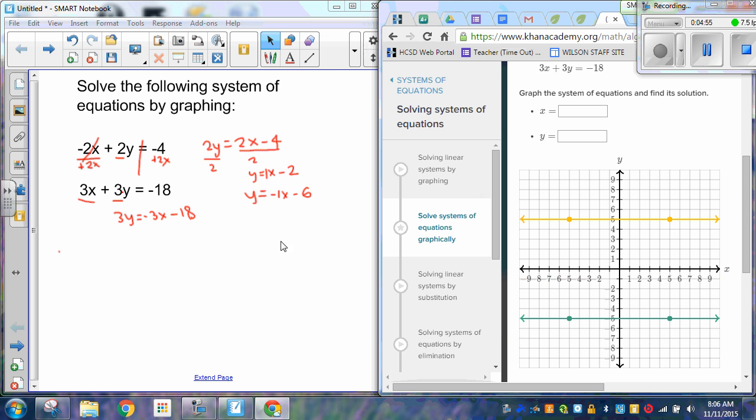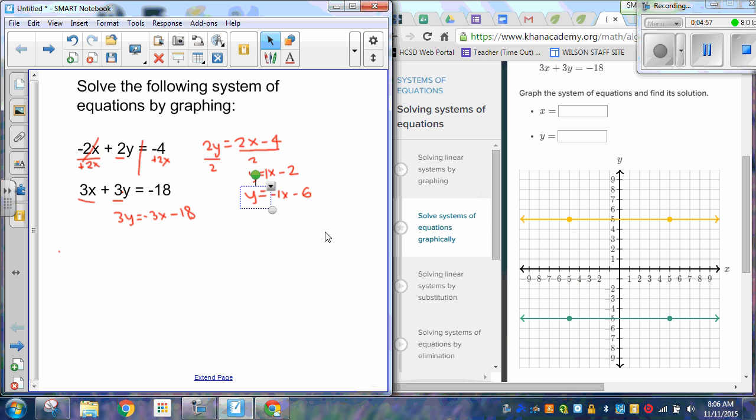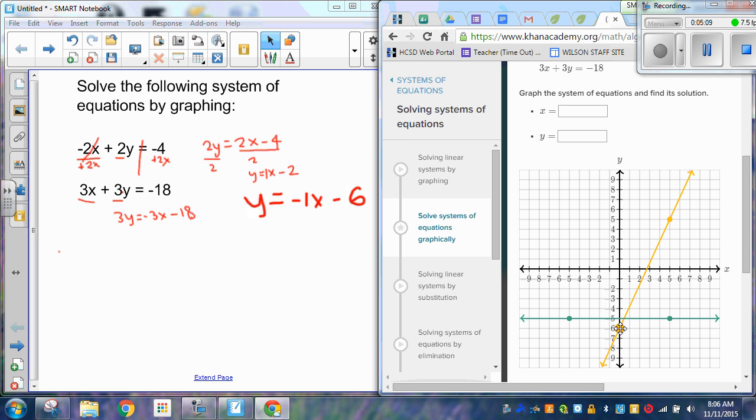On this graph, if I want to do, for example, y equals negative 1x minus 6, I start with the y-intercept, which is negative 6. Very good. So I'm going to bring this down to negative 6. I'm going to use my slope, which is negative 1, which means I go down 1. And do I go right 1 or left 1?